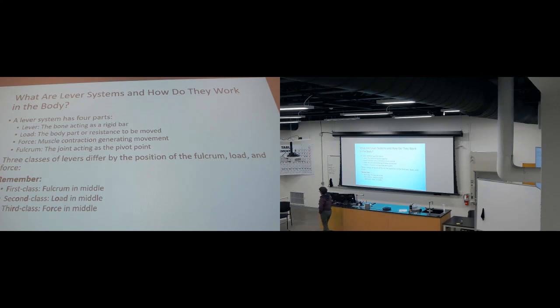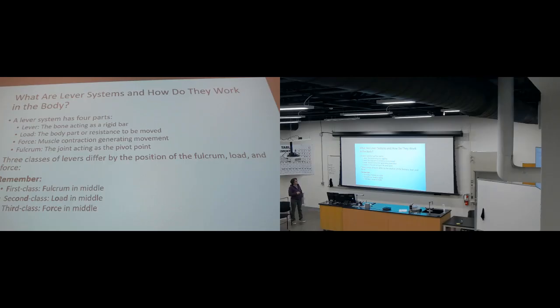Now, what are the lever systems? So levers are physical systems that help for reducing the work when you are carrying a load. So a lever system has four parts.